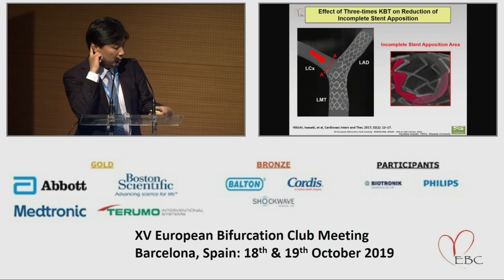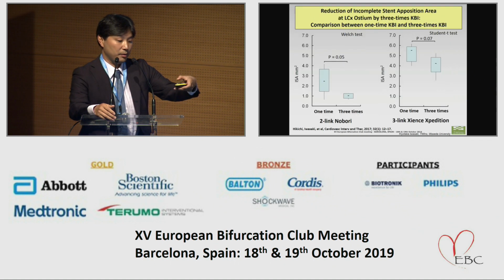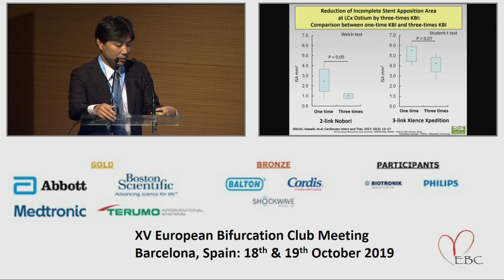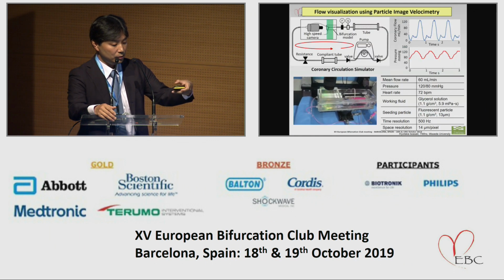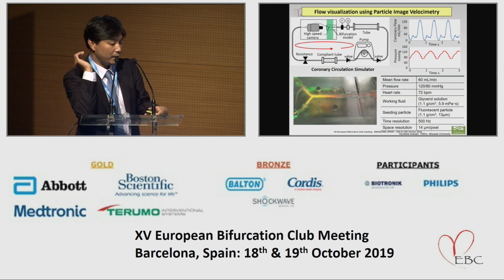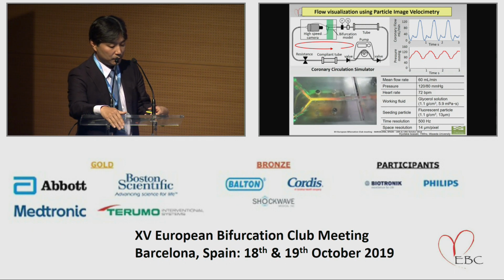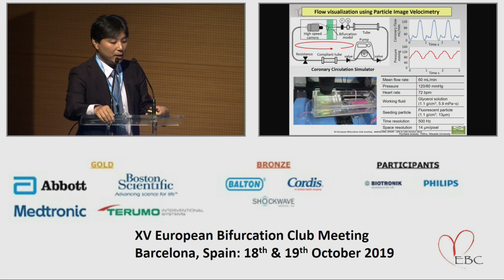We already showed that the incomplete stent apposition area surrounded by the jailed protruded stents and lumen was decreased by 3 times kissing balloon inflation, shown here, regardless of the stent design with the same inflation pressure. So what we did was use the particle image velocimetry technique, tracing particles with a diameter of 13 micron, and flow distribution velocity was quantified.